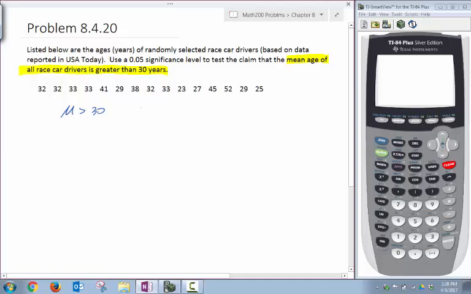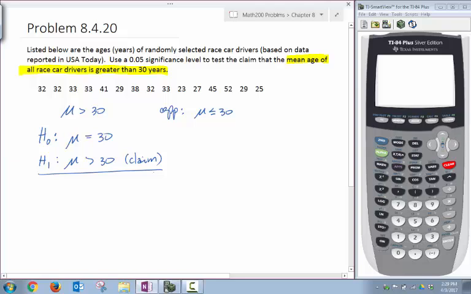The opposite of this would be saying that mu is less than or equal to 30. And this contains a condition of equality, and the claim does not. So that means our null hypothesis would be the condition of equality, and our alternative hypothesis would be the claim.